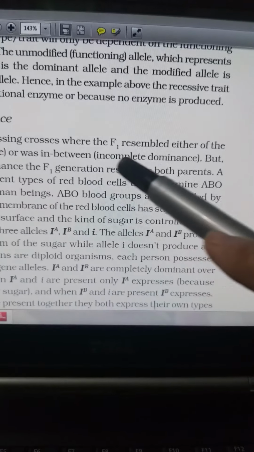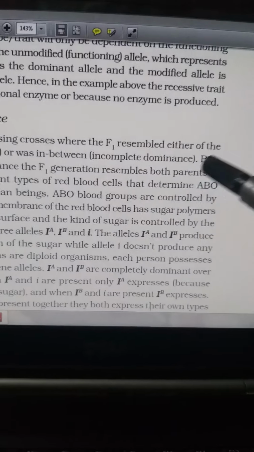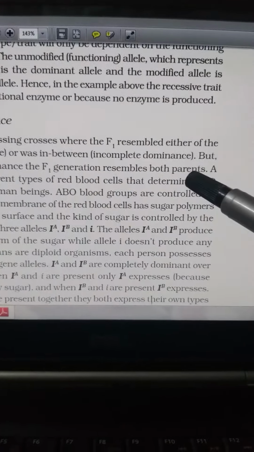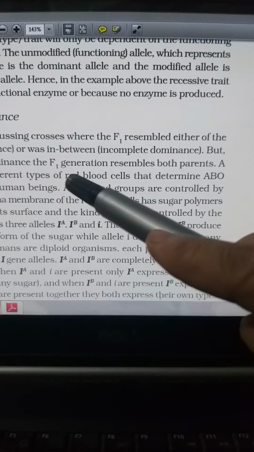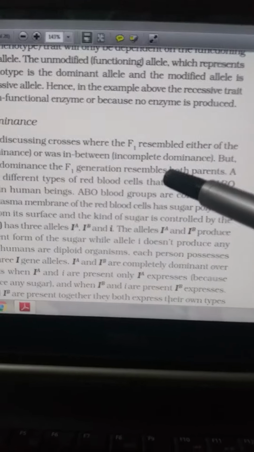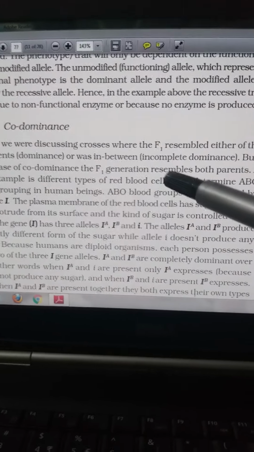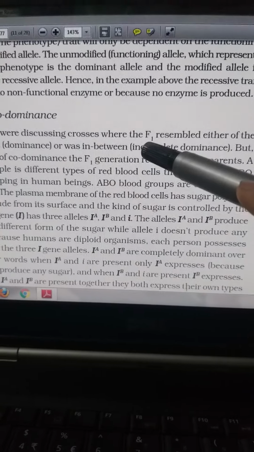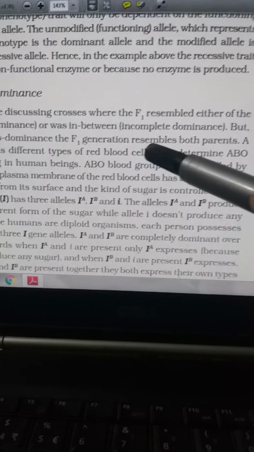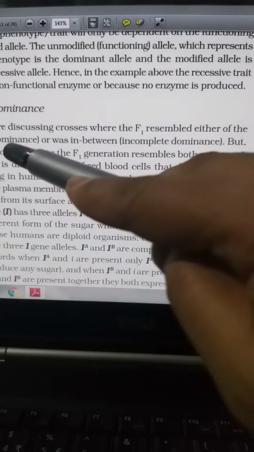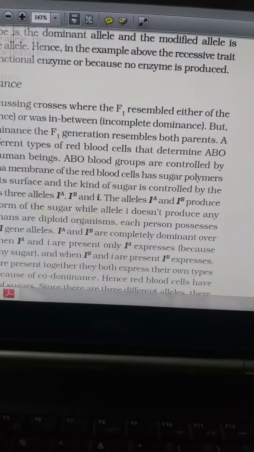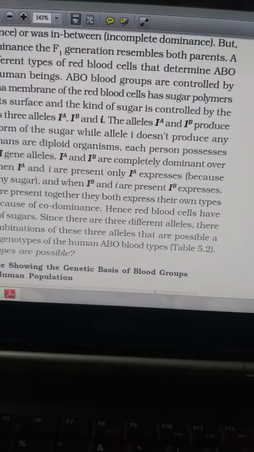But in the case of codominance, the F1 generation resembles both the parents. A good example is the red blood cells that determine the ABO blood group. So it is a contrast: in incomplete dominance the F1 does not resemble a single parent but is in between, whereas in codominance both parents' traits appear. The example is the ABO group.